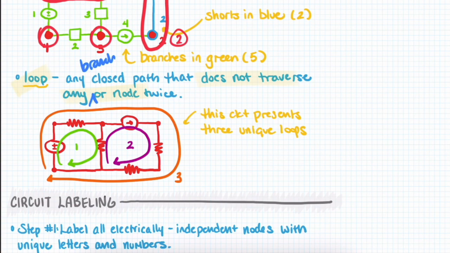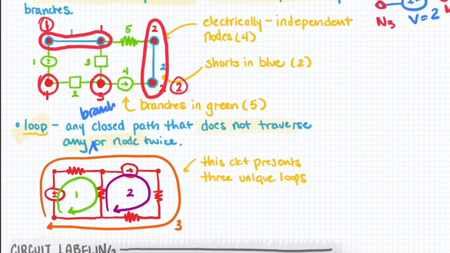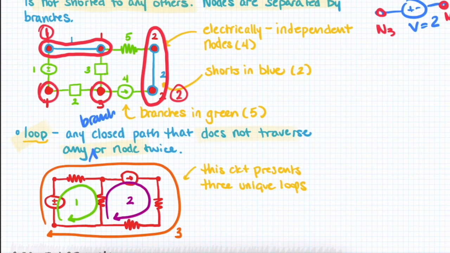So I don't know if I've talked about this before, but the ability to properly quantify the number of electrically independent nodes in a circuit, as well as the number of consistent loops in a circuit, is important later on because it helps us understand how many unknowns we have, how many variables for which we're trying to solve. For example, if we look at this circuit right here, we see that because there are 4 electrically independent nodes, we are going to be solving for V1, V2, V3, and V4.